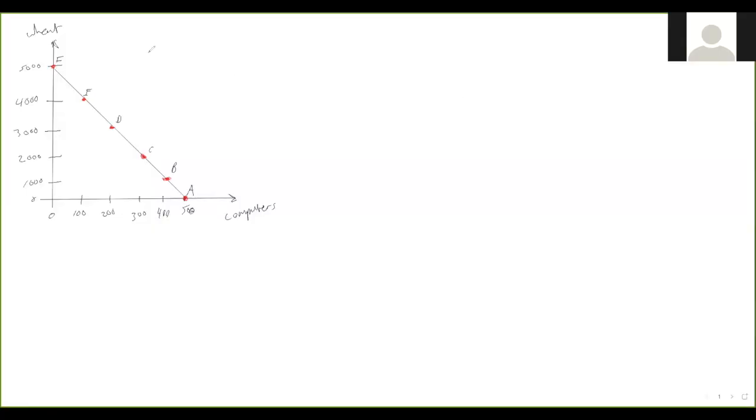So we are back again with our Wheat in Computers Production Possibilities Frontier. This time, the question we want to answer is what is the relationship between the Production Possibilities Frontier and opportunity cost?